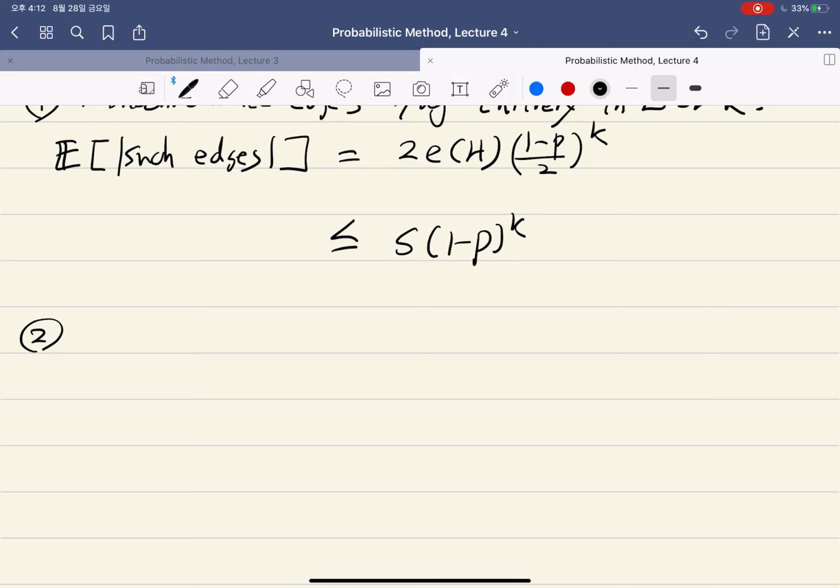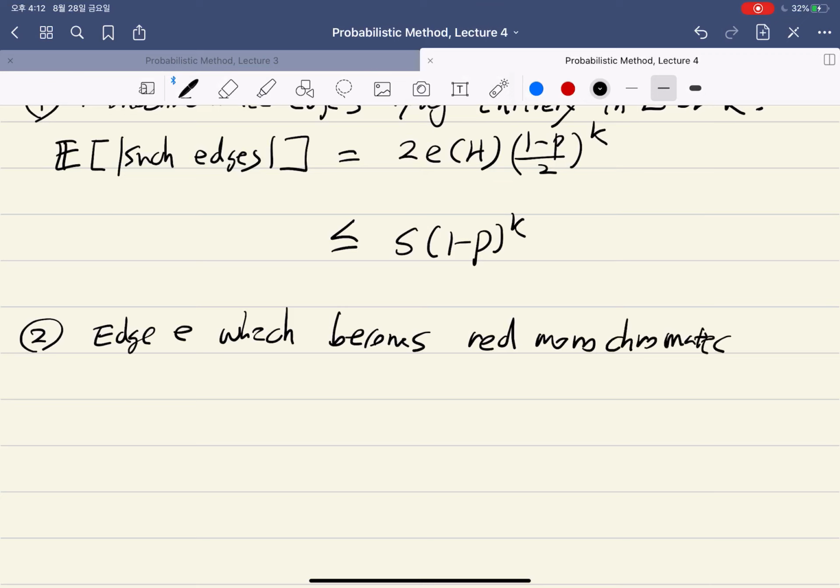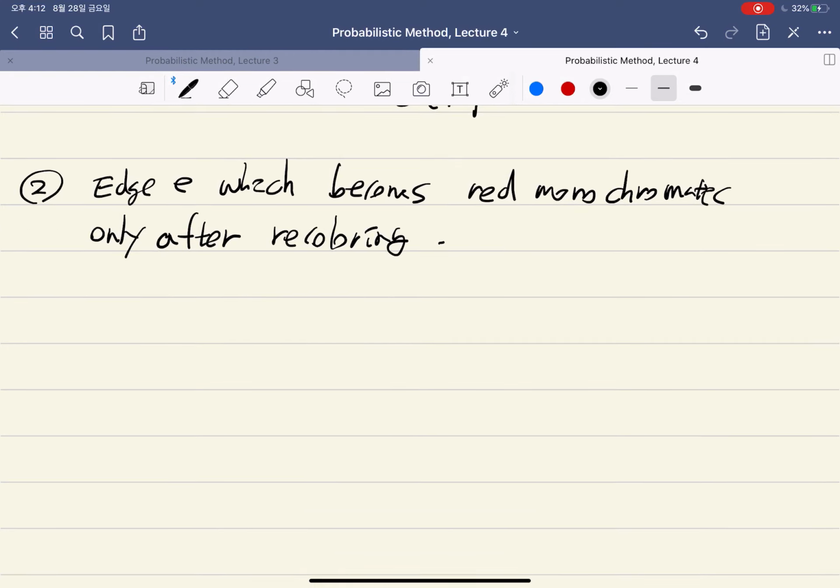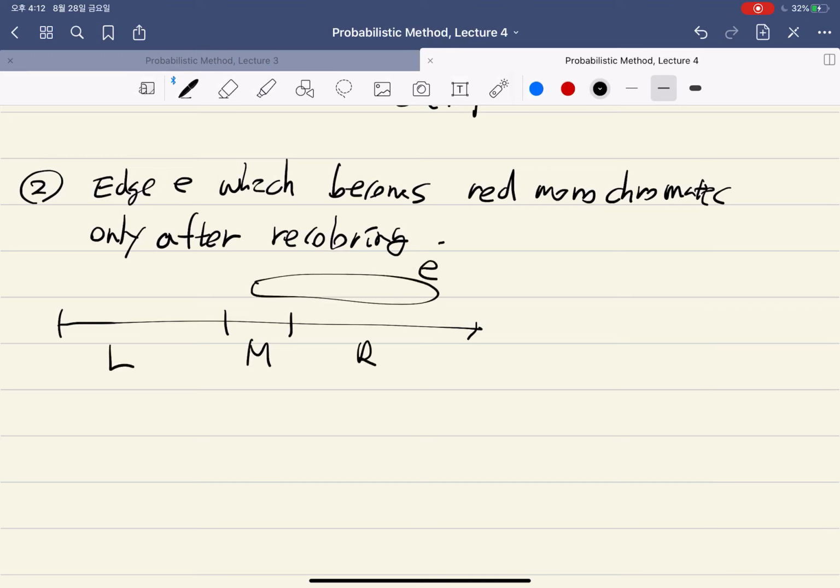And the second type: an edge E of H which becomes red monochromatic only after recoloring, which was not monochromatic before, but is now. Then what's the first vertex of E? On this interval, we again have M, L, R. On this E, there must be a first vertex which lies inside of M. There could be more than one vertex lying inside of M, but we have a first vertex, v.